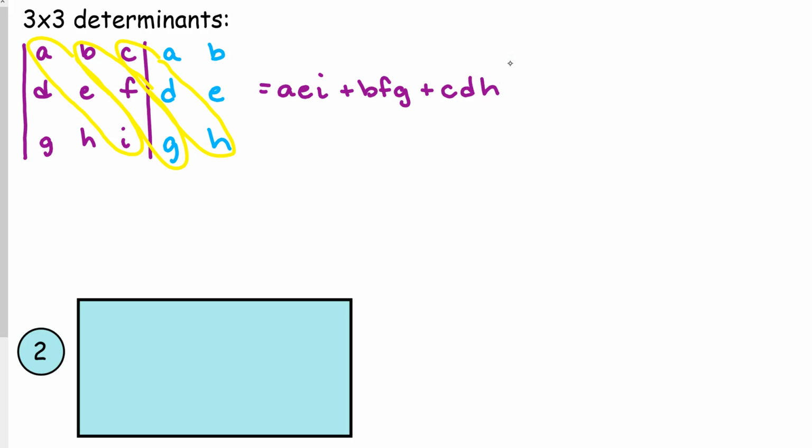Okay, after that, we go with the diagonals that go the other way, and we're going to subtract all of their products.